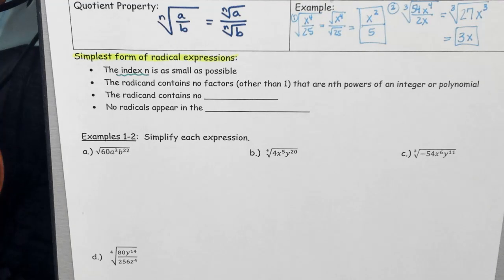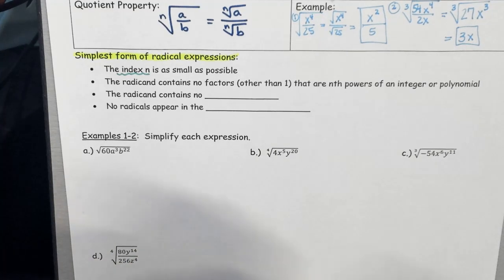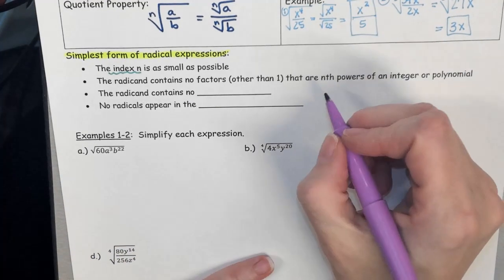The radicand contains no factors other than 1 that are nth powers of an integer or polynomial. When it says that are nth powers, they are talking about those perfect squares, cubes, and fourth roots.